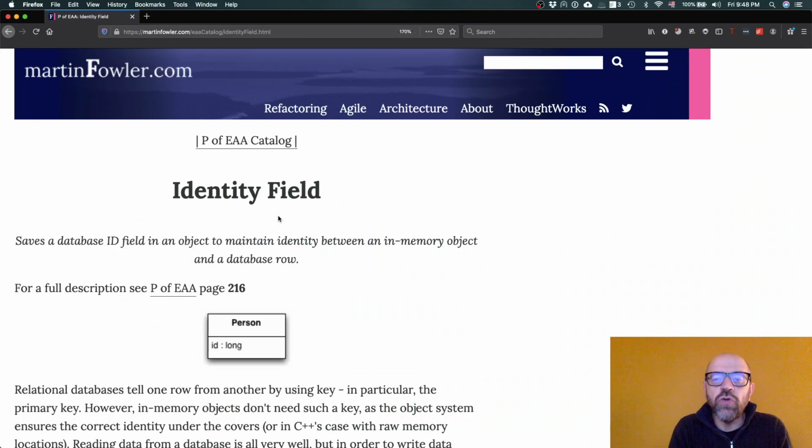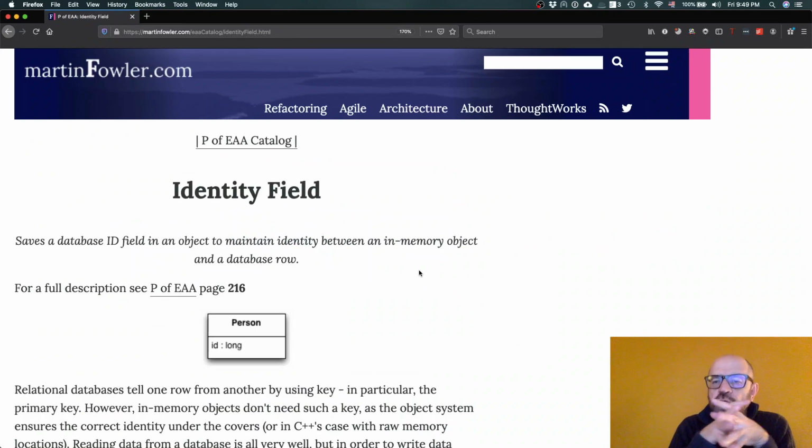Is this integer unique for the whole database, or is it unique per table, for instance? That is something you can discuss in terms of this identifier. And actually these strategies can be defined in JPA: when you define that you have a unique identifier in JPA, you can say what is the strategy associated with it. Okay.